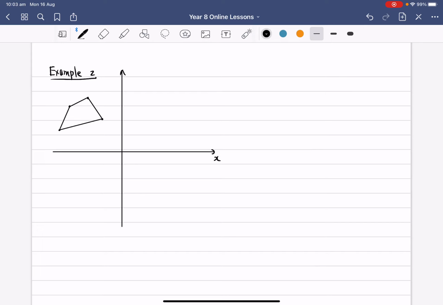And the question says you need to shift, or translate, this diagram by a given vector. So you're going to draw the image of the shape translated by the given vector.